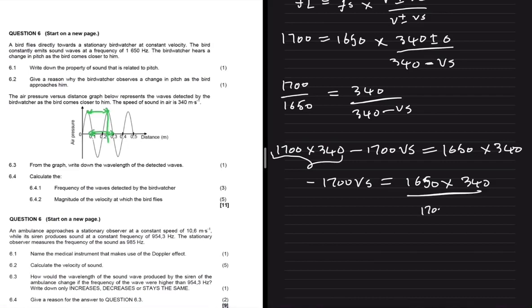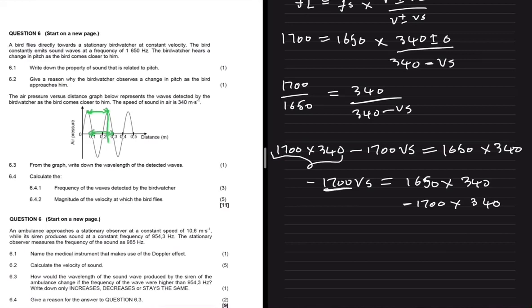I'm moving a step forward. I'm still supposed to take that expression to the right hand side. So let me do that. It's going to be minus 1700 multiplied by 340. So after I've done that, I can then divide both sides by minus 1700.